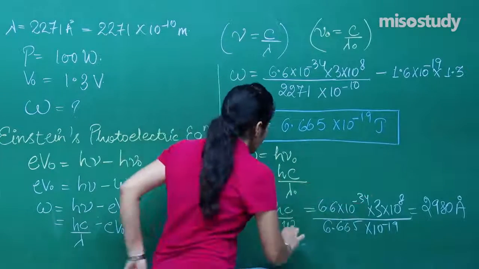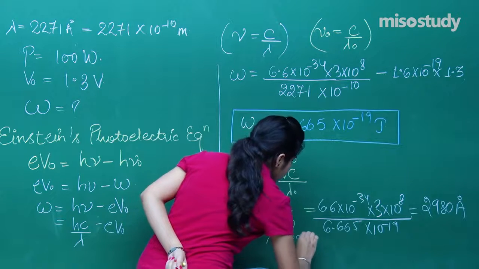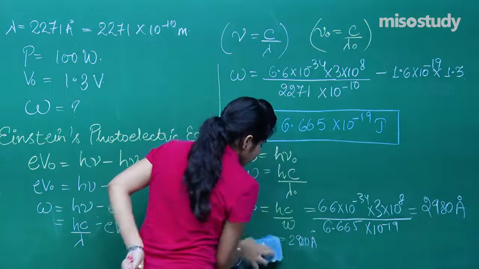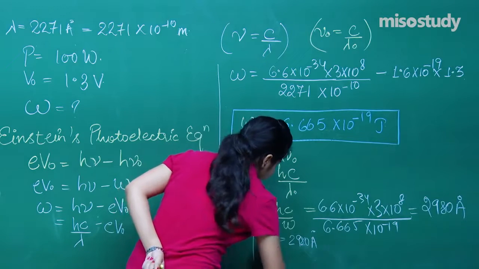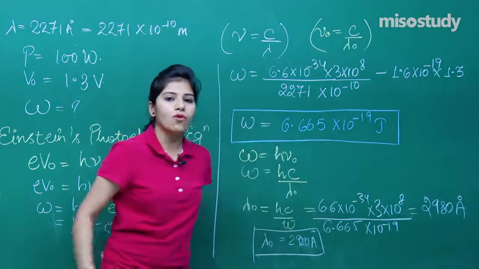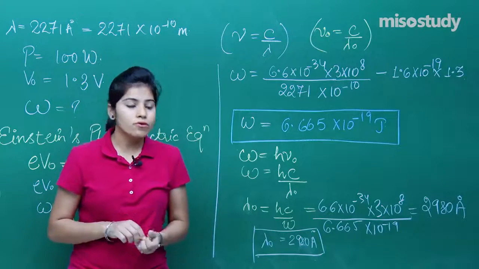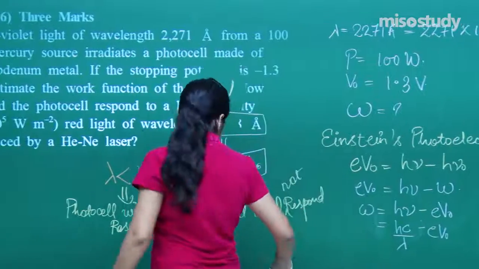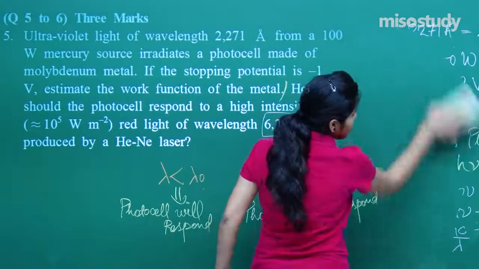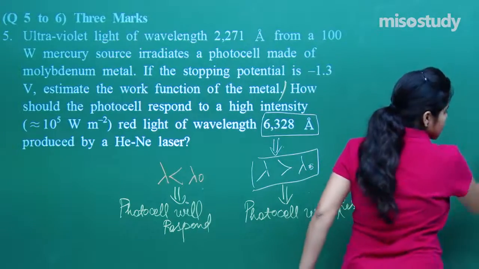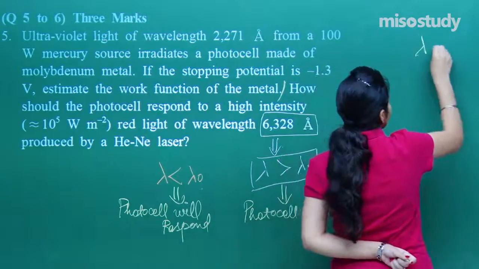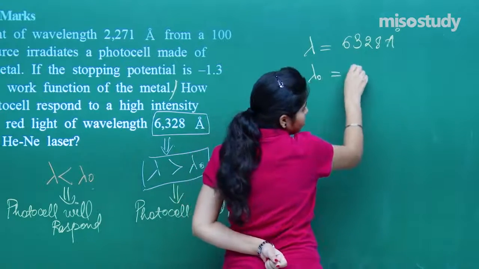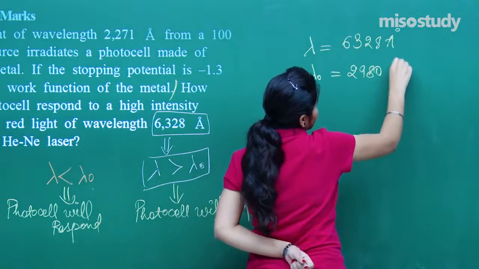Now we have the value of lambda naught equal to 2980 angstrom. We have to tell whether the photocell will respond or not. We have to compare this lambda naught and this lambda. Your lambda is 6328 angstrom, your lambda naught is 2980 angstrom.